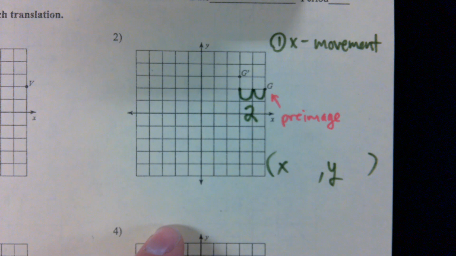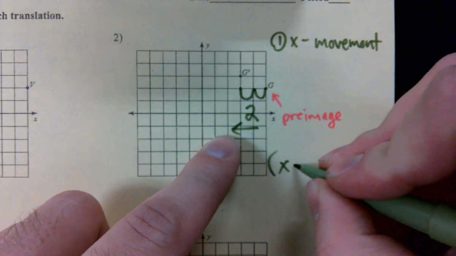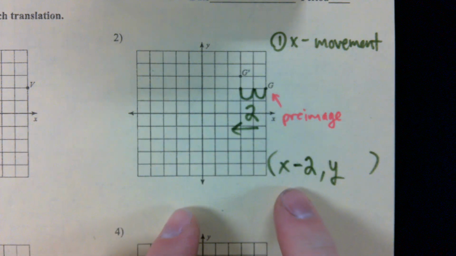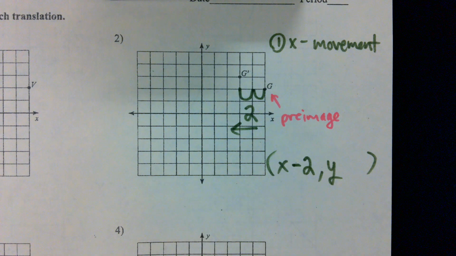And did we go to the left or the right? We went to the left, right? So is that going to be a +2 or a -2 if we're going to the left? -2, right? Moving to the left is a negative movement. So for our rule, the first thing we need to do is X minus 2.